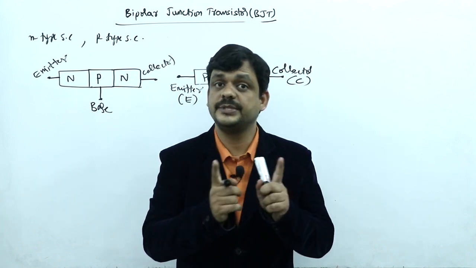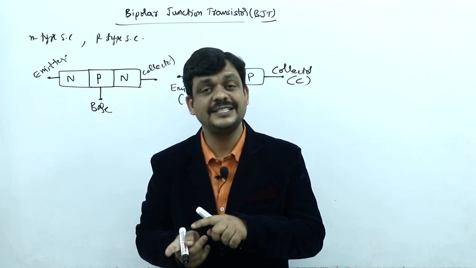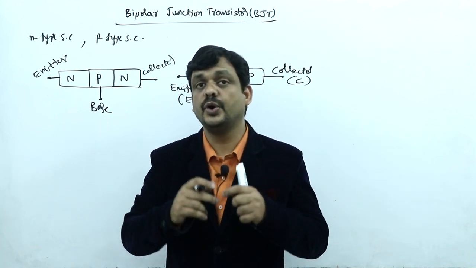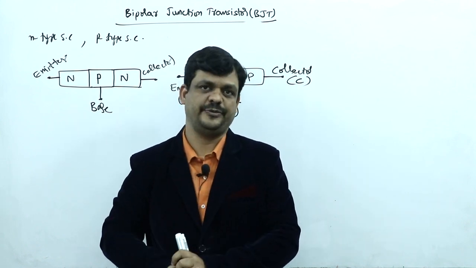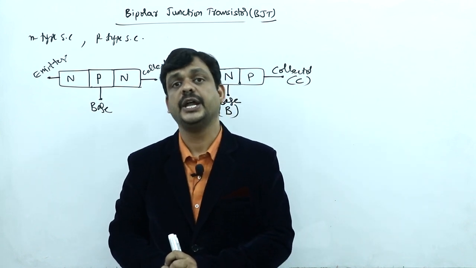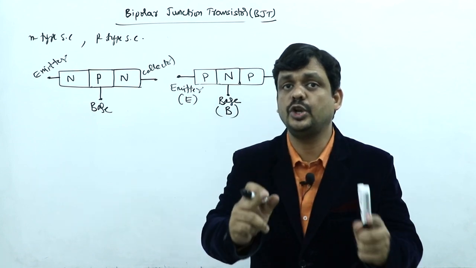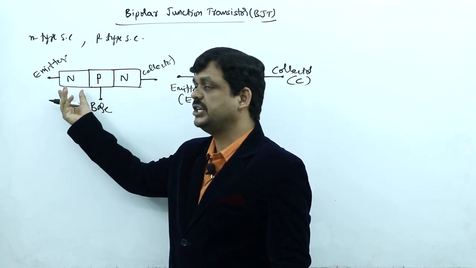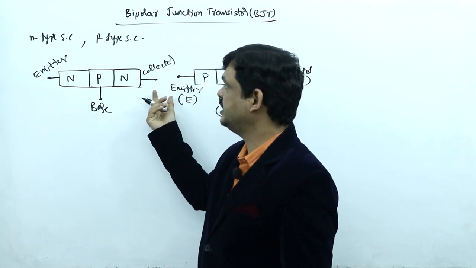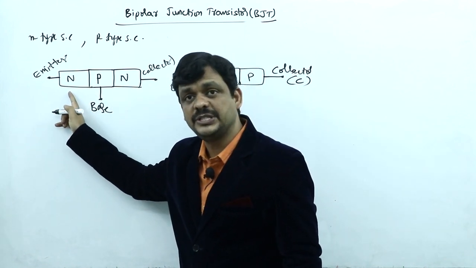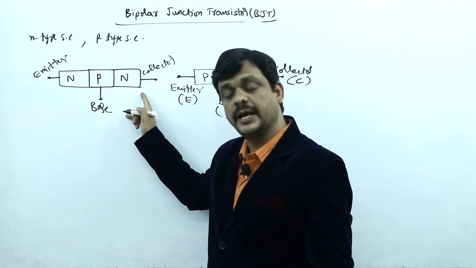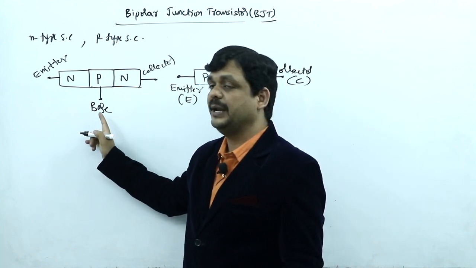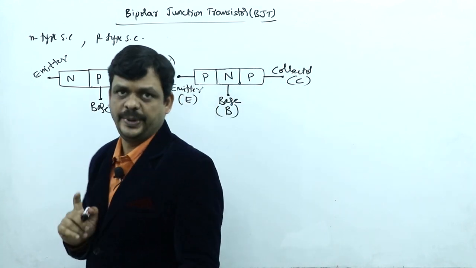So it requires a compulsory doping process. According to the doping level, these semiconductors are classified into 3 types: emitter, base, and collector. Emitter is a highly doped semiconductor, collector is moderately doped, and base is lightly doped.